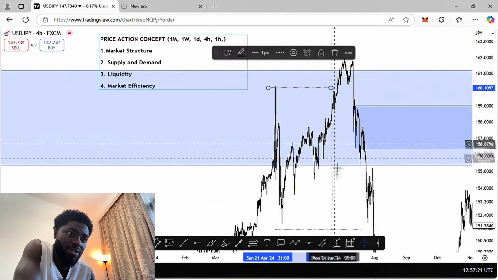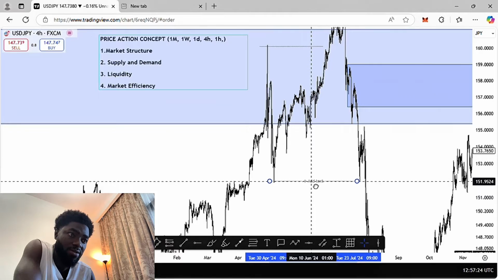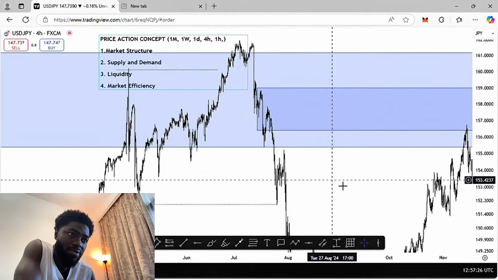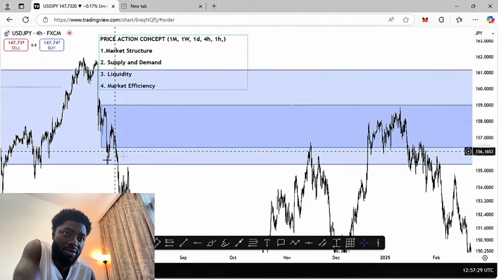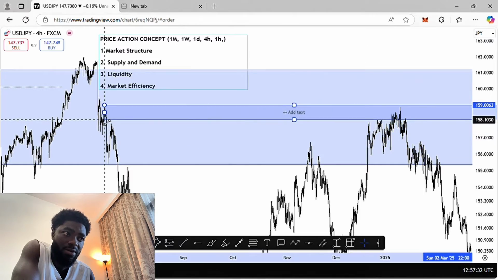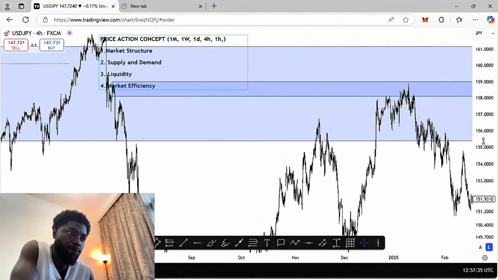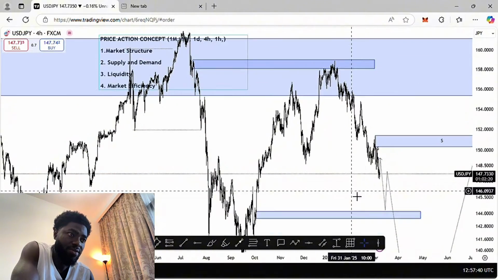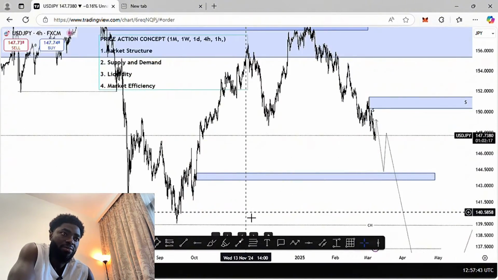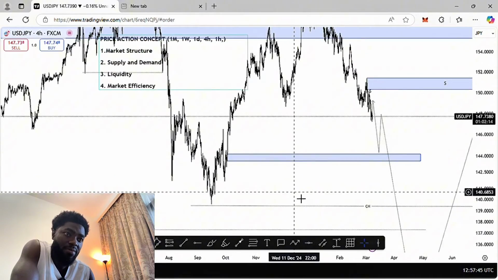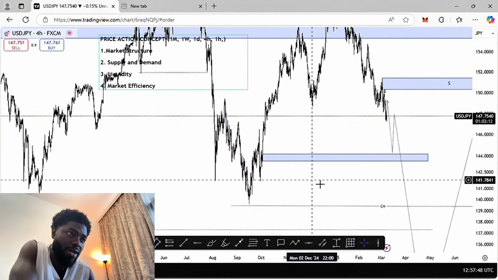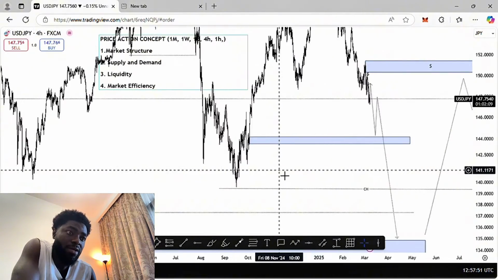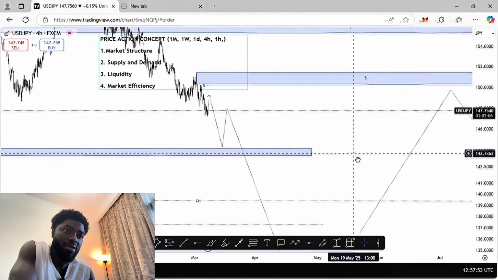This is a breakout structure, shift in price or shift in market, a supply zone over here respected, and then price selling off. So it should tell us that we are in a bigger sell market on USDJPY.